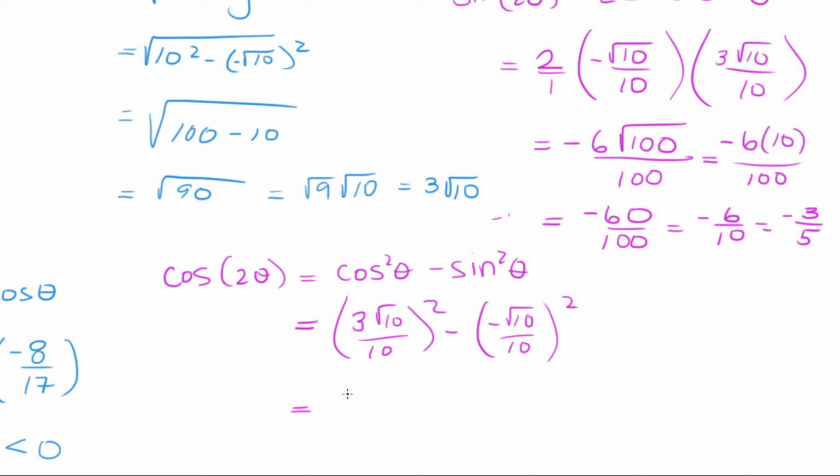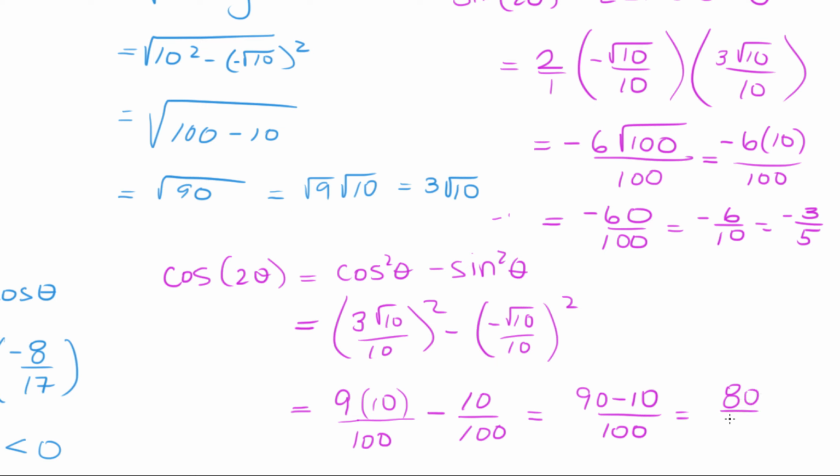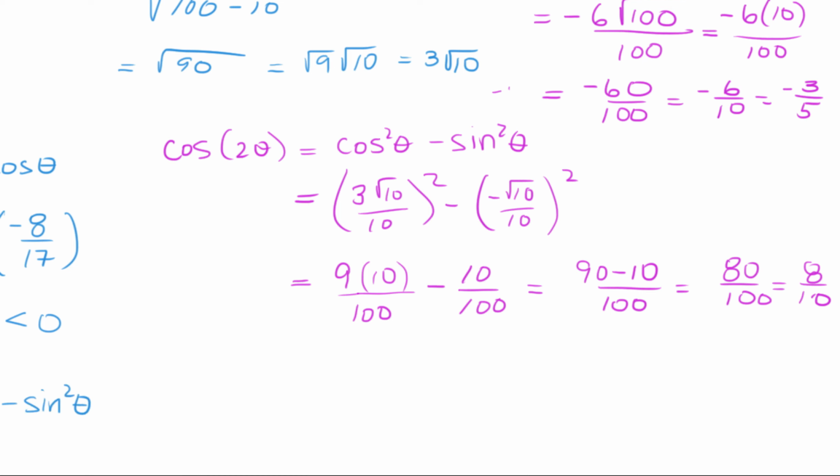Now, 3 squared is 9. Square root of 10 squared is 10. 10 squared is 100 minus negative square root of 10 squared is 10. And 10 squared is 100. Becomes 90 minus 10 over 100, which is 80 over 100, sorry. 8 over 10, which is 2/5.